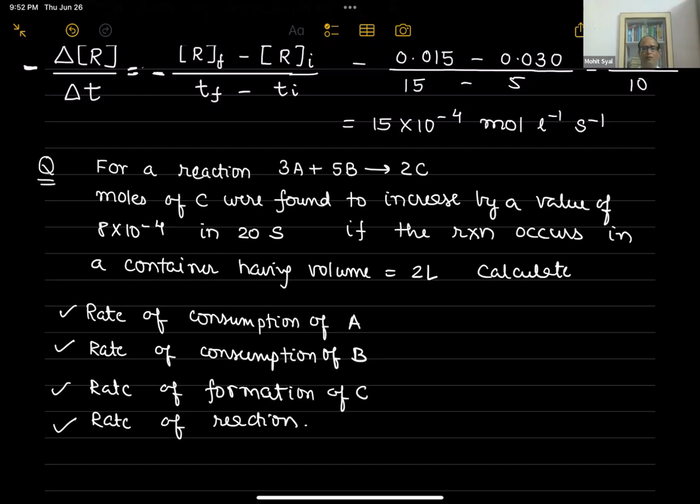Just think, this is for rate of consumption of A. Correct. So Ibrahim and Jovita, how much are you getting? What values are you getting?